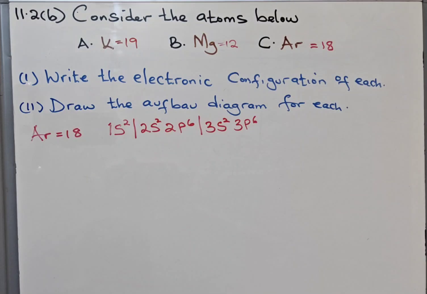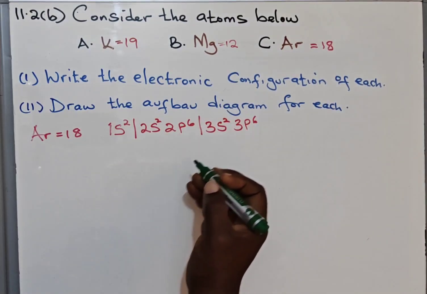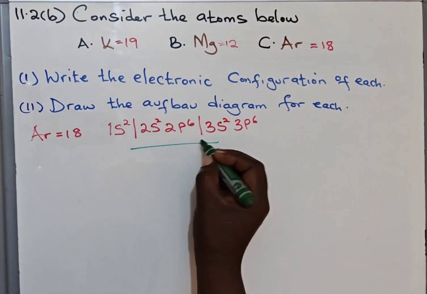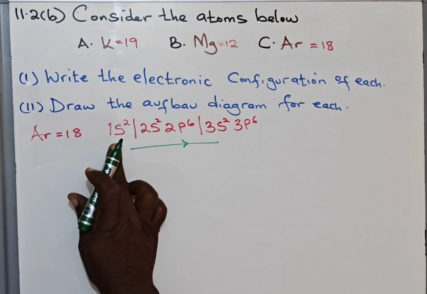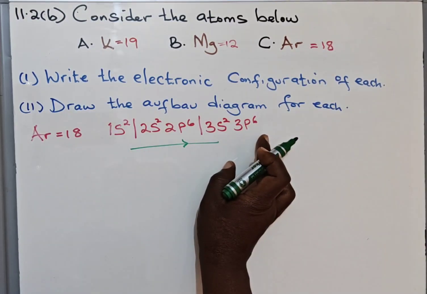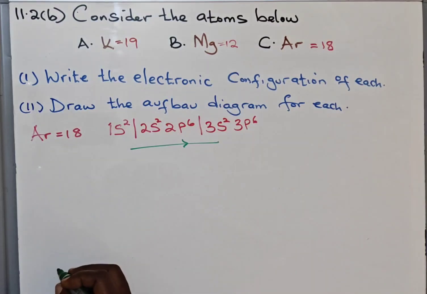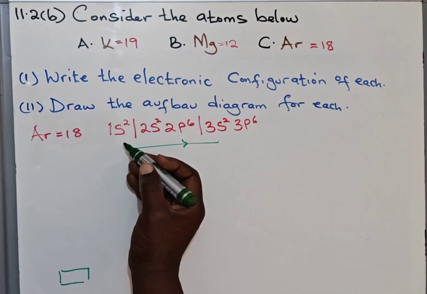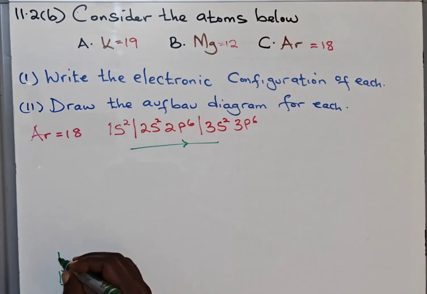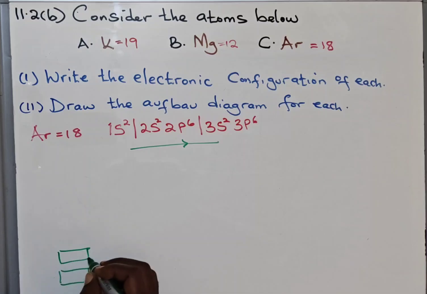Then next, we are going to look at the Aufbau. Now, for the Aufbau diagram, you have to know that energy levels increase in this order. So this one has the lowest and this one has the highest. So we put the lowest here, and the lowest has only S. Then the next one is also S, you can put it here.